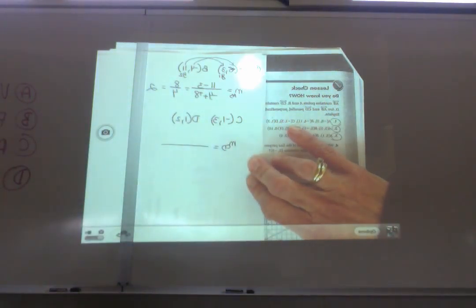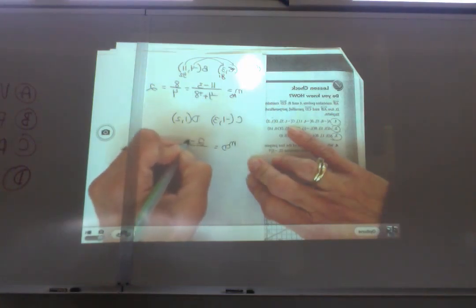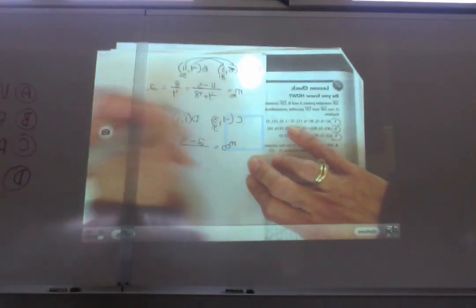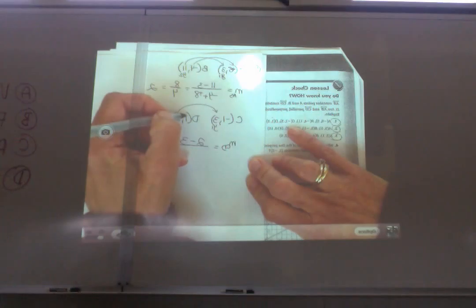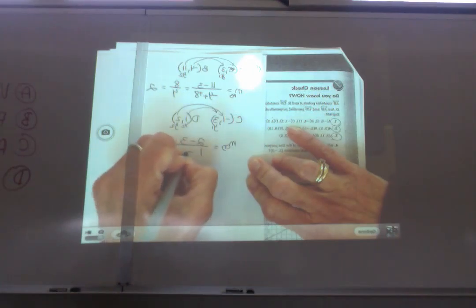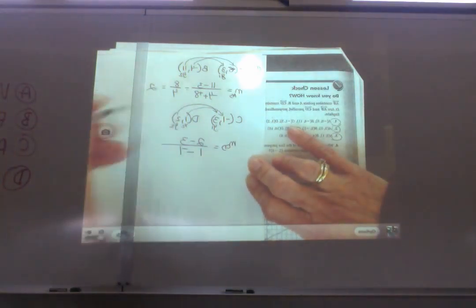The second thing to know is which of these numbers in my ordered pairs are the y's. Christian, what am I going to put on top? 2 minus 3. He took y2 minus y1. He subtracted like this. So on the bottom, we're going to make this one x2 and subtract x1. Positive 1 minus a negative 1. You just have to be organized and methodical. Do things the same way.